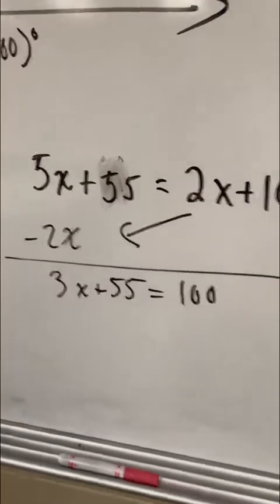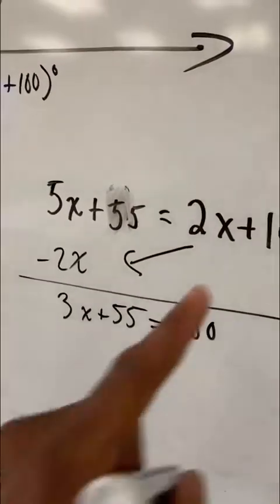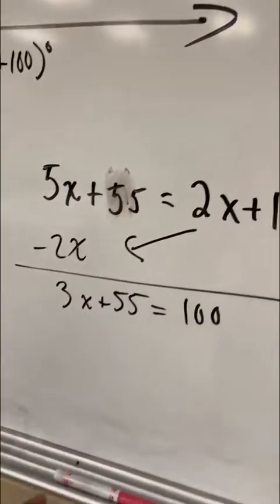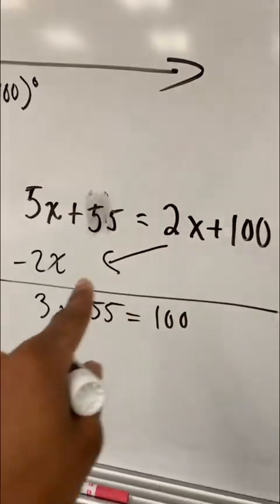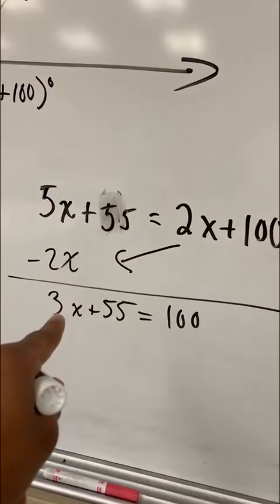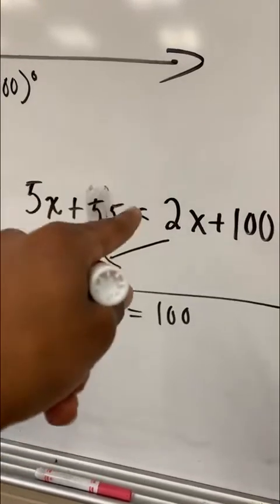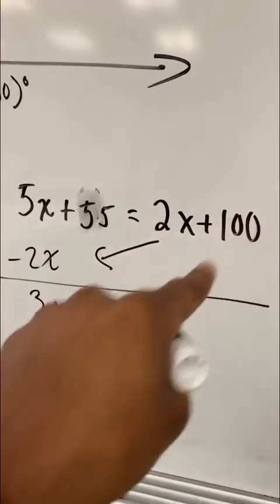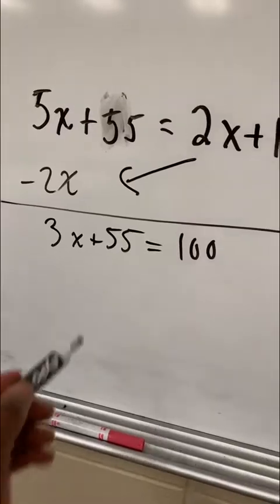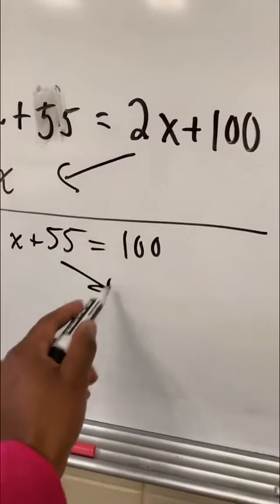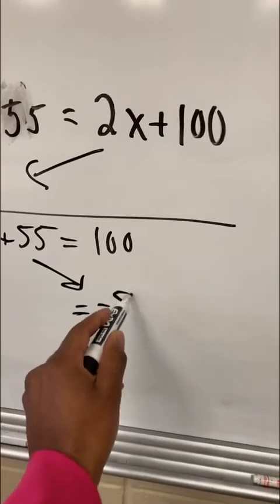I can normally do this in one step, but I'm just trying to show one step at a time what I'm doing. That positive 2x becomes a negative 2x. I subtract, there's the 3x. 55, drop it down, equal sign, drop it down, 100 comes down. All right, now I can basically come this way and subtract the 55.